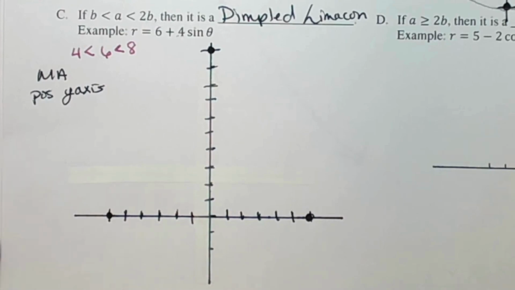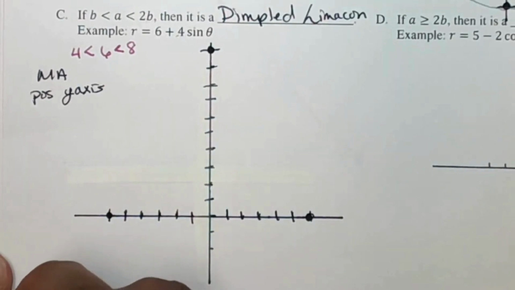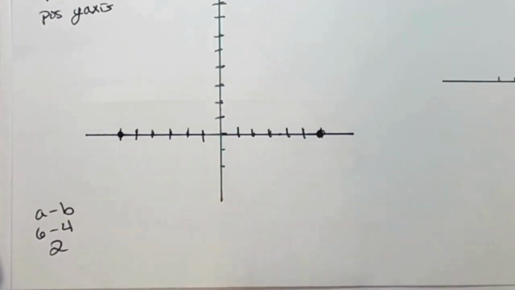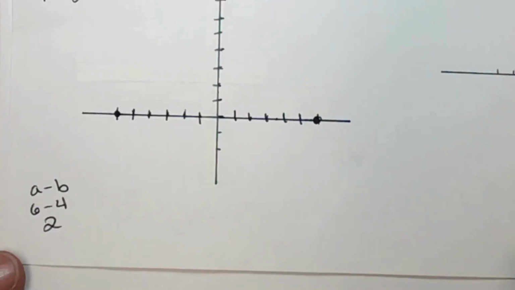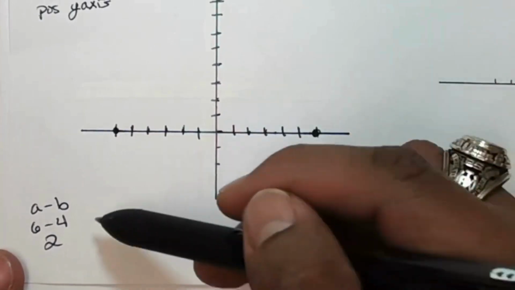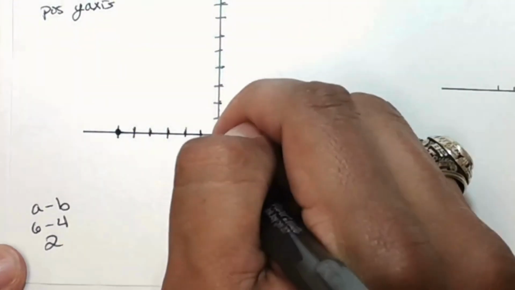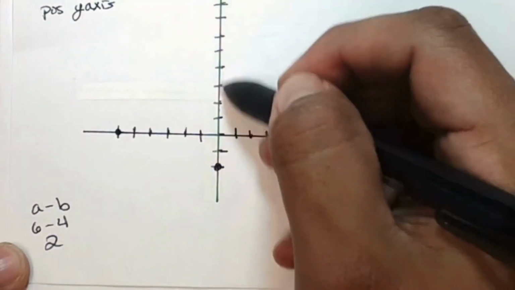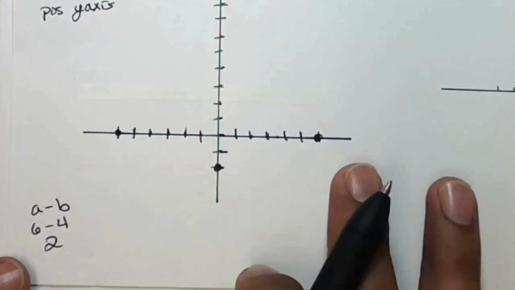So what about this a minus b that we introduced in part B? Well, a minus b in this case is going to be 6 minus 4, which ends up being a +2. So since it was -2 for that inner loop, we went into the major axis. Well, since this is +2, we're actually going to go away from the major axis, like that a plus b part, and plot a point there.